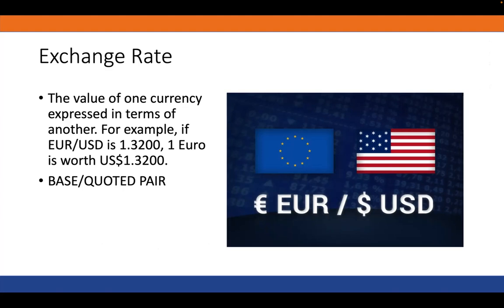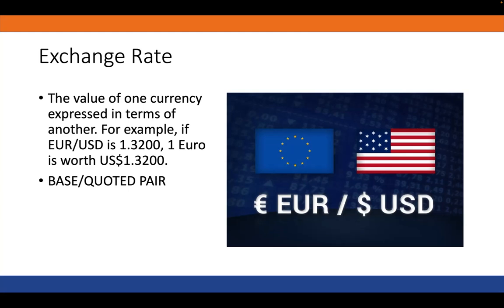For the forex market, we trade currency pairs. When you see Euro USD at a value of, let's say, 1.3200, what it means is that 1 euro is worth 1.32 US dollars. That is what the exchange rate means.